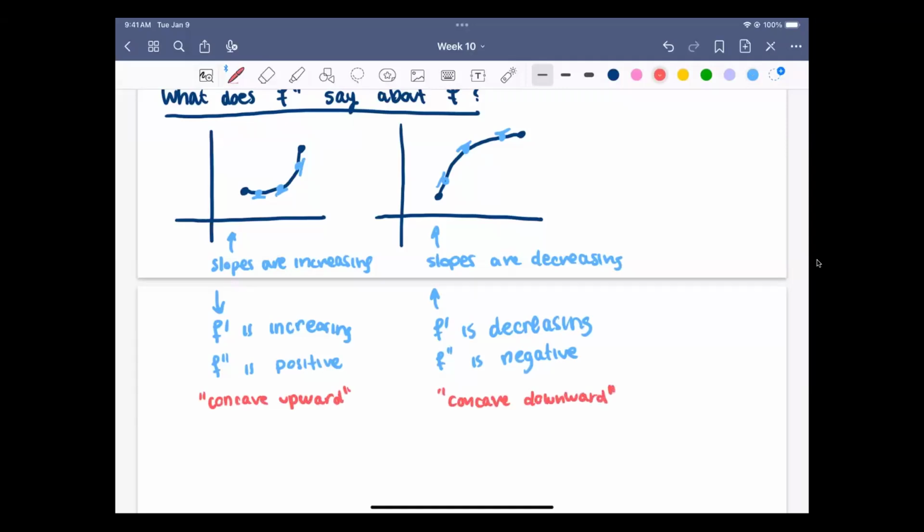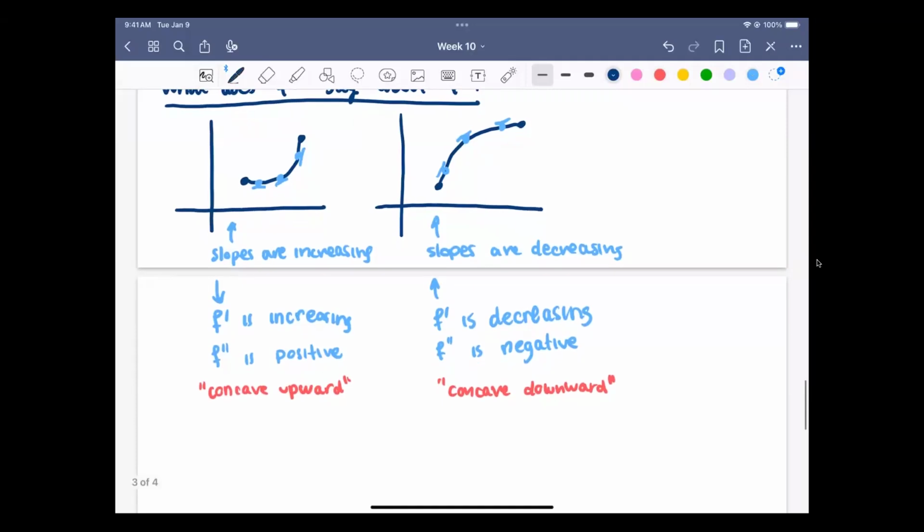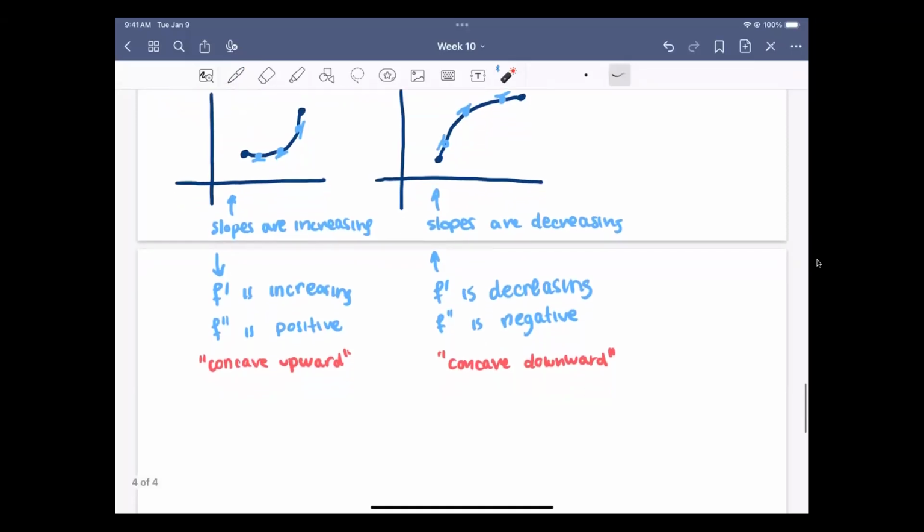Okay, so let me give you a definition for these two terms. And then I'll write out what we just figured out as more of a test. So here's the definition for concave upward and concave downward.